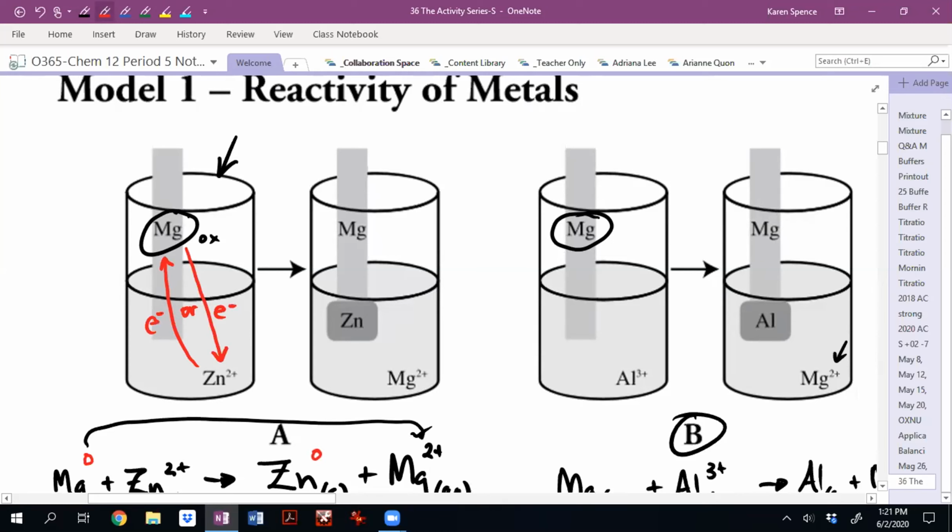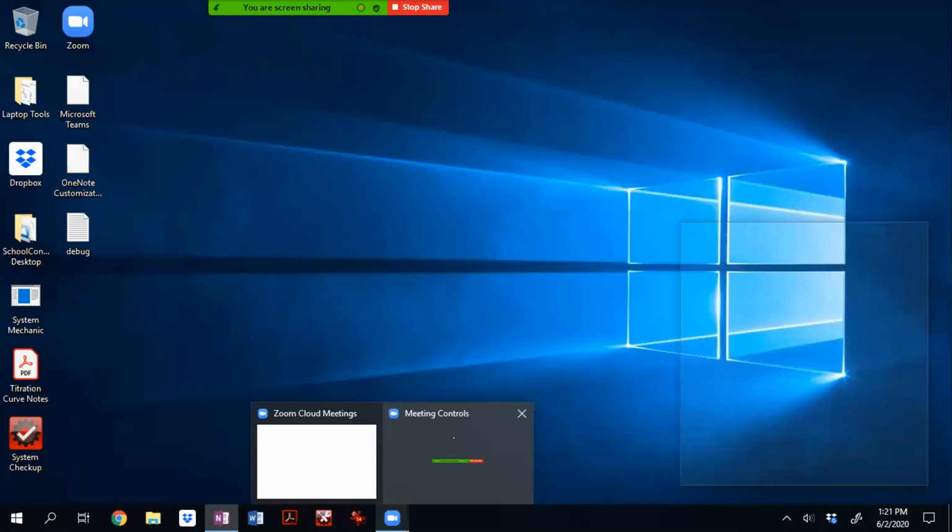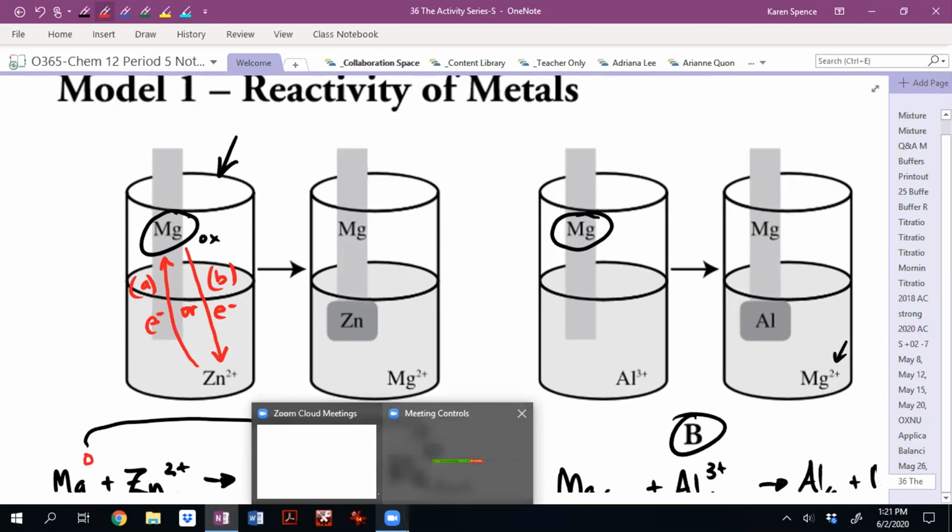Which one is the correct option? Is it A, zinc to magnesium, or B, magnesium to zinc? Which one is the correct direction of electron transfer? Magnesium to zinc. Yes, absolutely it is. Okay, so it's going from magnesium to zinc.